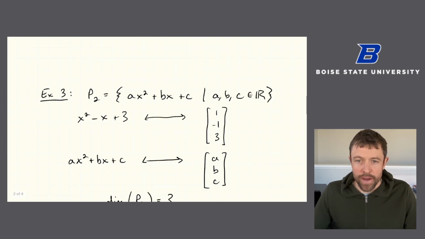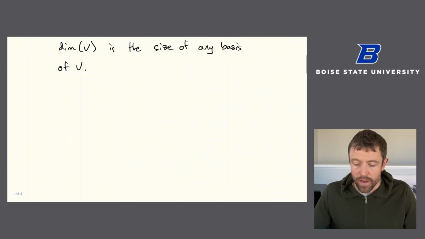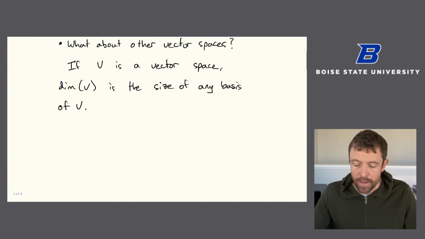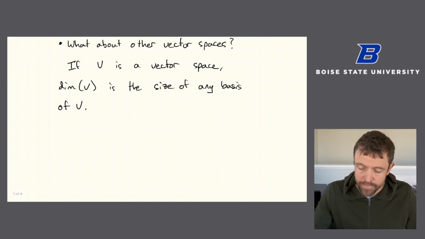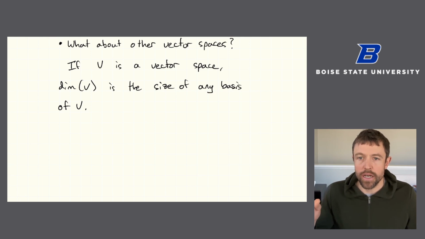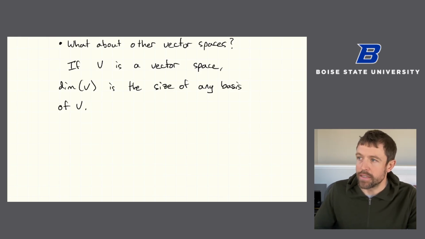But there's a final question here, which you may have thought of when I wrote this, or maybe not. The size of any basis: there's two questions that come up, and it's all about this being well defined. One of the questions is, do we always have a basis?